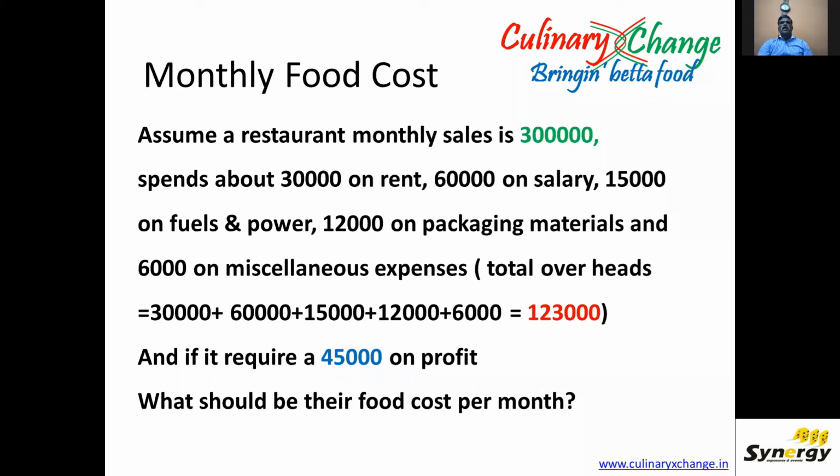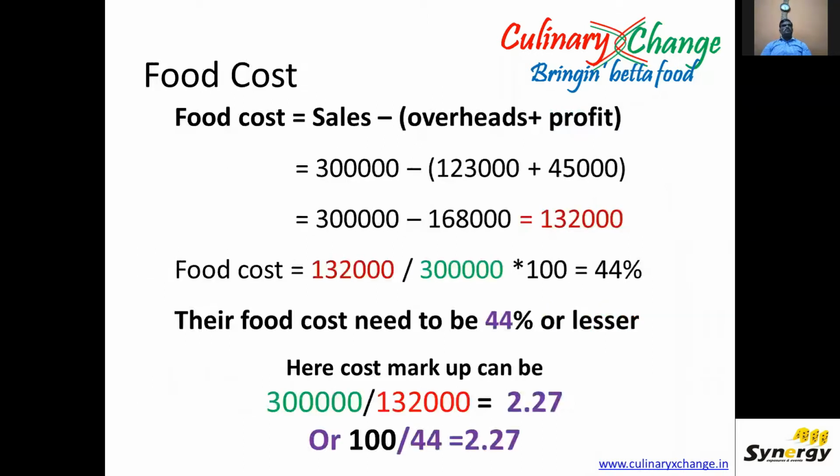How do we calculate our budgeted food cost? We calculate our budgeted food cost for the month as the sale, which is 3 lakh, minus the total of all our overheads plus the profit we are looking at, which comes to 3 lakh minus 1,68,000, which amounts to 1,32,000.